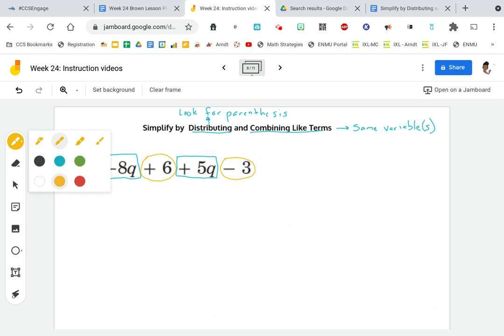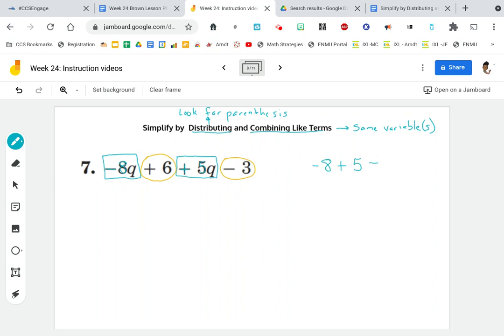So to combine means to add. So when I'm looking at the terms that contain a q, notice the coefficient here is a negative 8. So I've got to take that negative 8 and combine it with, which means to add it to, a positive 5. So negative 8 plus a positive 5.